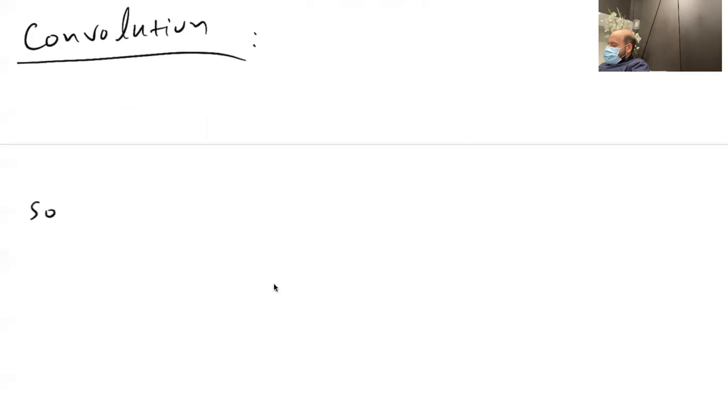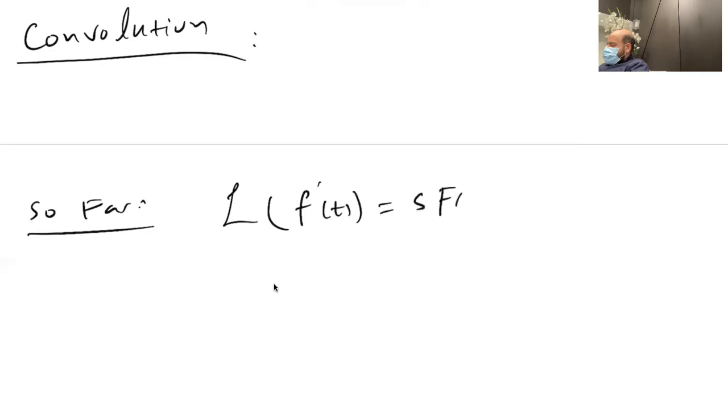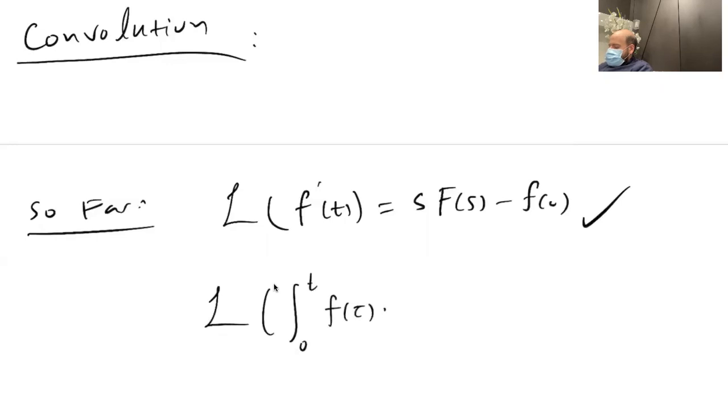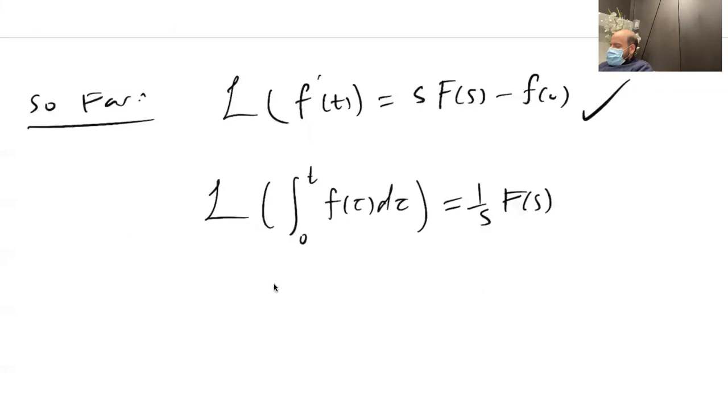So far we looked at the Laplace transform of, let's say, the derivative of a function, which can be written as s F of s minus f of 0, the Laplace transform of an antiderivative, which is besides 1 over s F of s, and the Laplace transform of certain functions, and so on. Now, what about the Laplace transform of a product of two functions? We haven't looked at it yet.